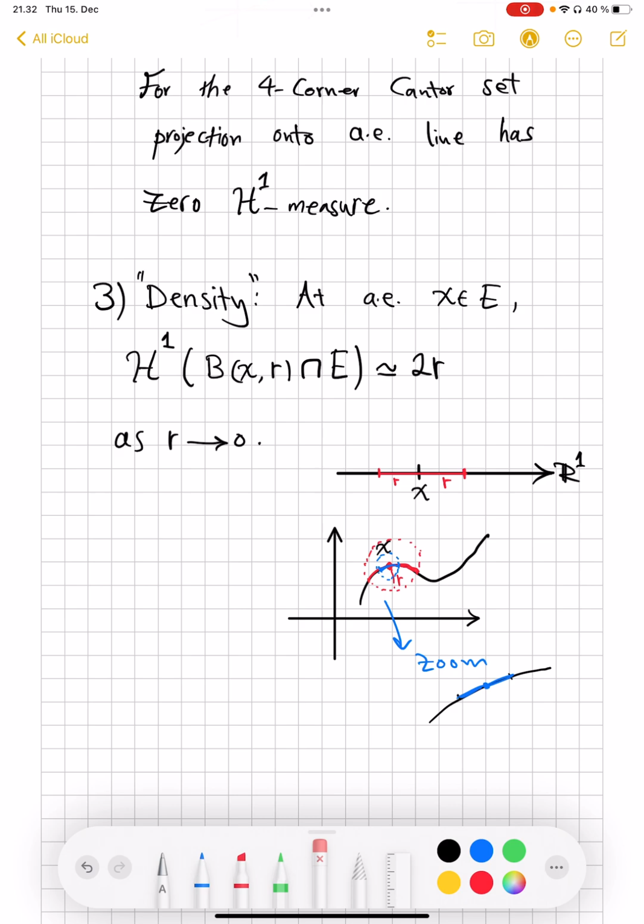What this property 3 says is that for rectifiable sets, that behavior will persist. You will keep having the fact that the measure of the ball of radius r is what you expect from a line segment in the Euclidean R1. And that is no longer true for sets that are not rectifiable. Again, that property 3 fails for the four-corner Cantor set.